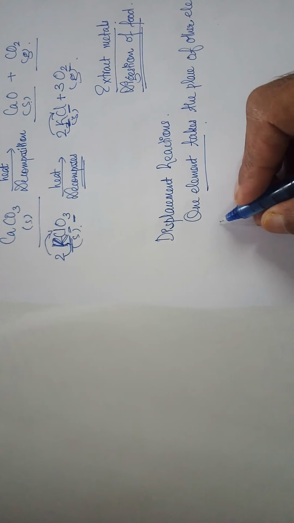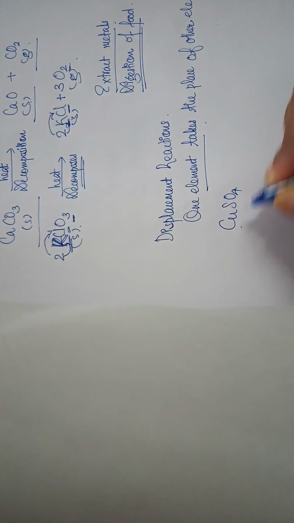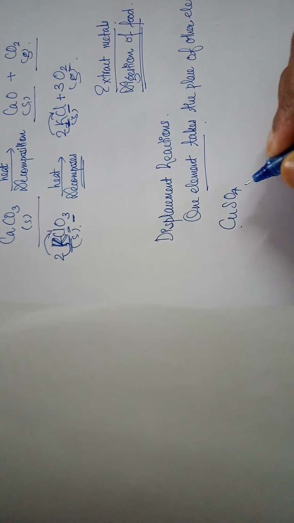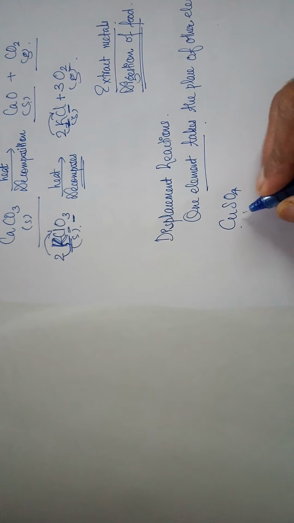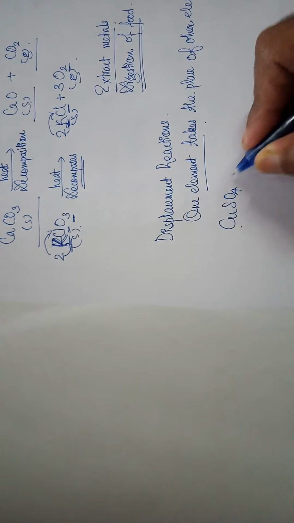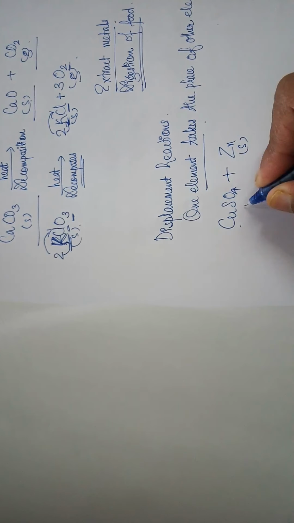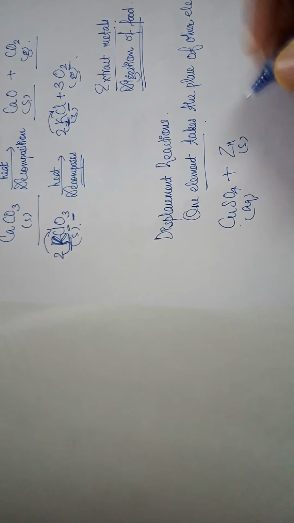Let us consider one example. CuSO4. What is that? This is copper, this is sulfur and oxygen. This is an aqueous solution, copper sulfate, CuSO4. When it reacts with zinc, zinc is in the solid form. This is aqueous, this is in the solid form.